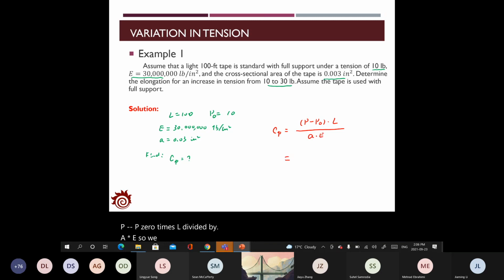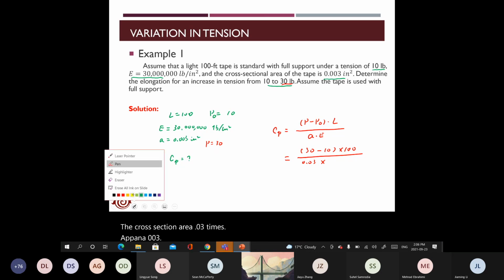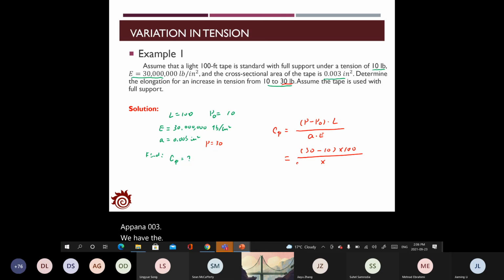The applied tension P is 30 pounds. So we have 30 minus the standard tension 10, times the length 100, divided by the cross-section area 0.003 times the modulus of elasticity 30 million.